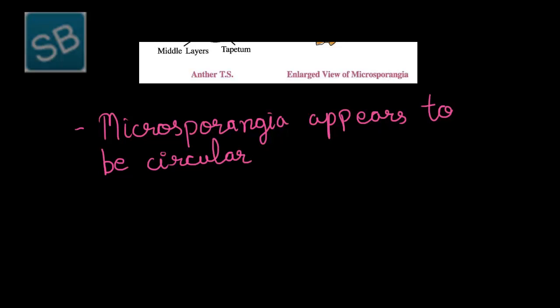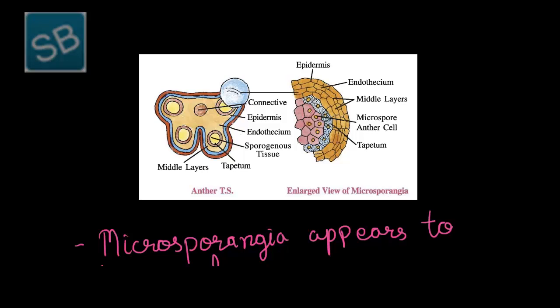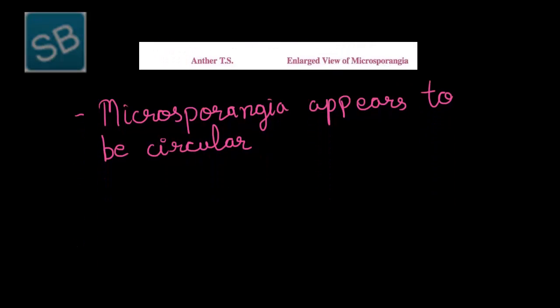And this microsporangium consists of mainly four layers: the outer portion epidermis, the next endothecium, following middle layers, and the innermost, that is tapetum.